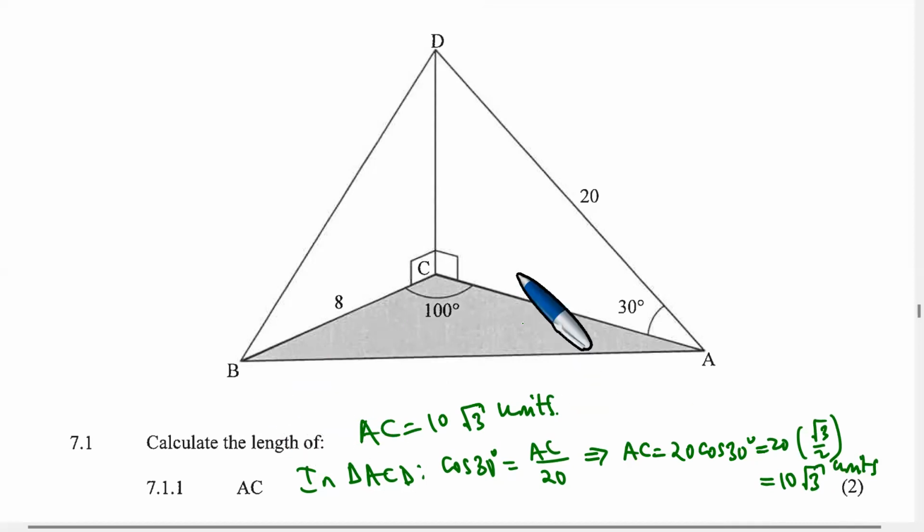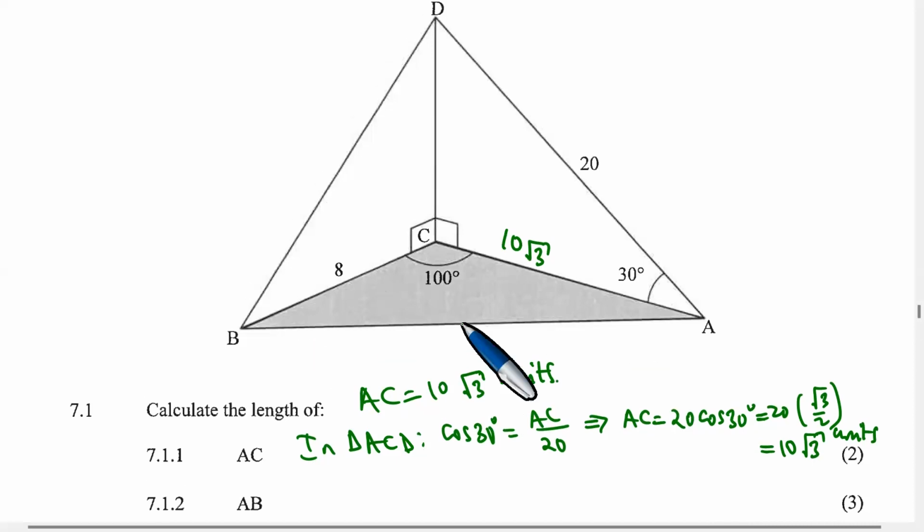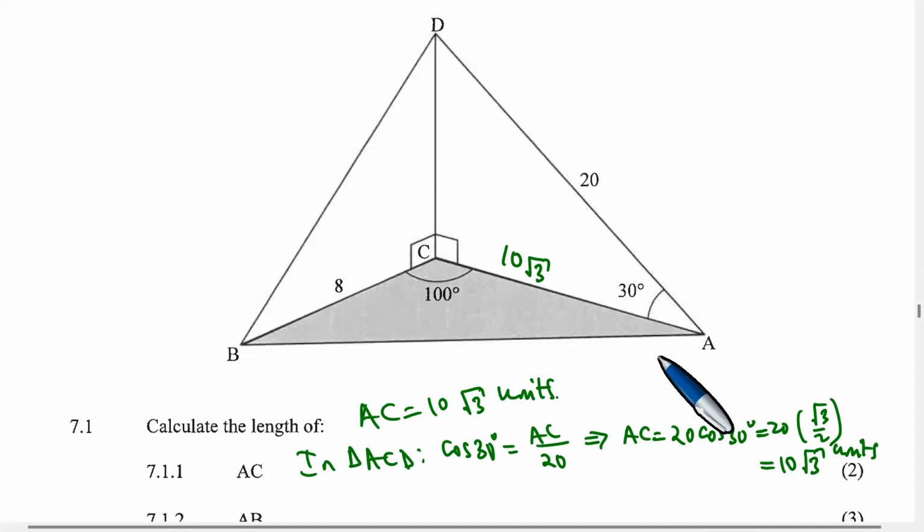Okay, so we have that AC is this one. It's 10 square root of 3 units. That is the length of AC. And then we just need to find now the length of AB. Right, so to find the length of AB, we proceed as follows. How do we find the length of AB? The distance from here to there.